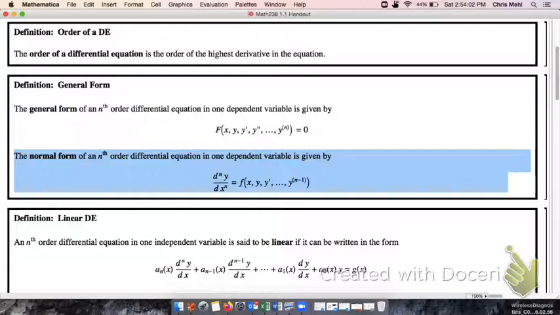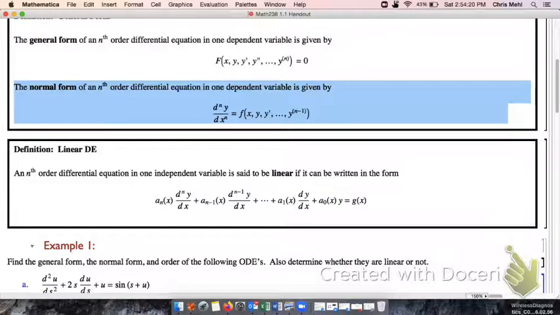So there's two forms. One is get a zero on one side. That's the general form. The other form is solve for the highest order derivative, and then the other side will be a function of the previous derivatives, the original function, and x. We'll see some examples shortly. So those are the two different forms.